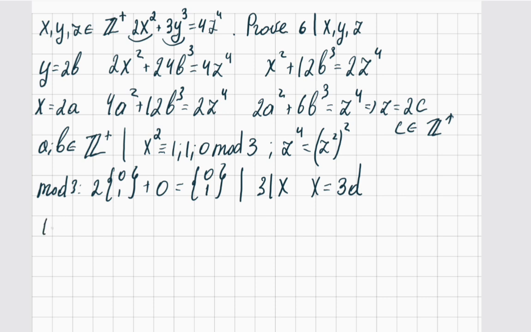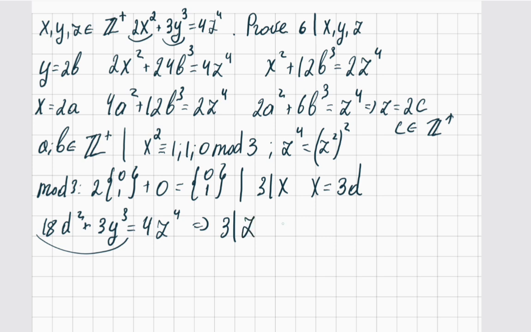Here we will get 18 times d to the power 2 plus 3 times y to the power 3 is equal to 4 times z to the power 4. At this point we see that the left hand side is divisible by 3, so the right hand side must be divisible by 3 too. That is why we realize that 3 can divide z as well.